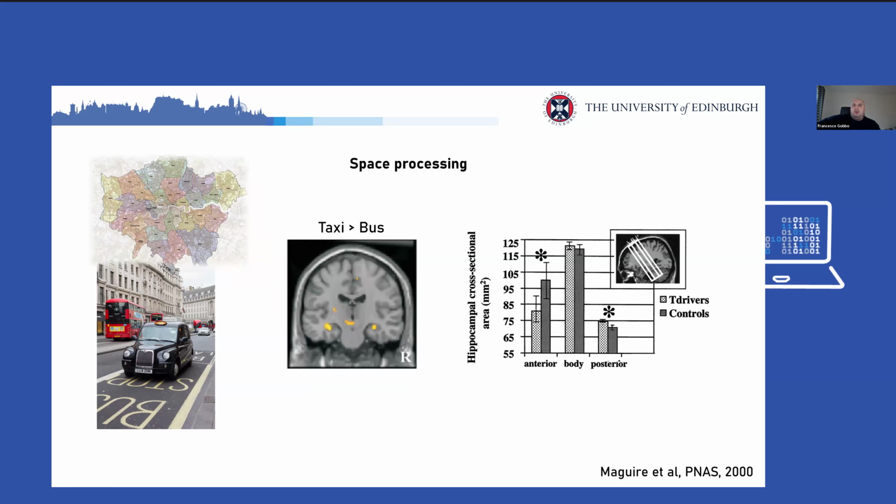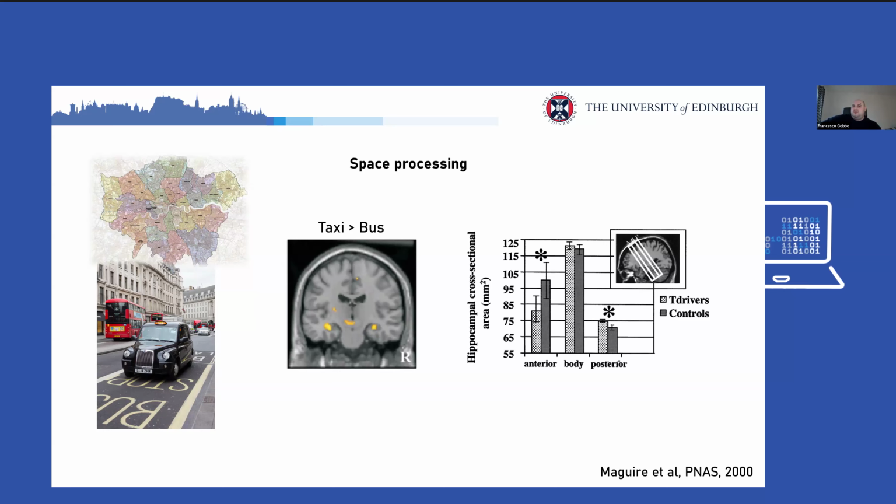This has now gained much support from loss-of-function experiments, where patients and animal models suffering damage to the hippocampus have severe impairment in navigation, but also from gain-of-function experiments, again work by Eleanor Maguire, showing that taxi drivers in London, in the process of acquiring their taxi license, memorize essentially all of the routes and streets that make up central London.